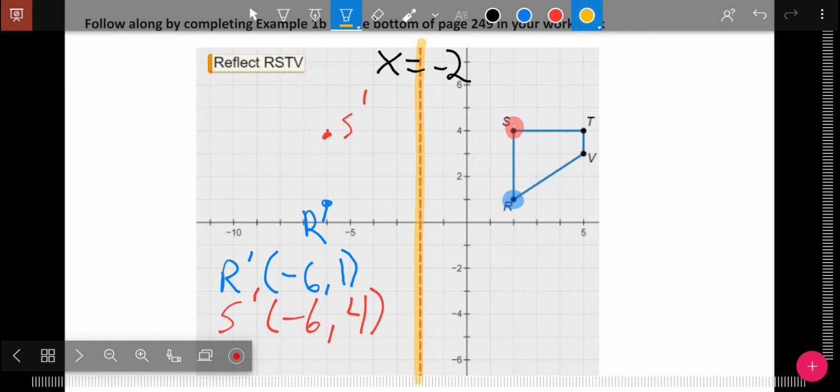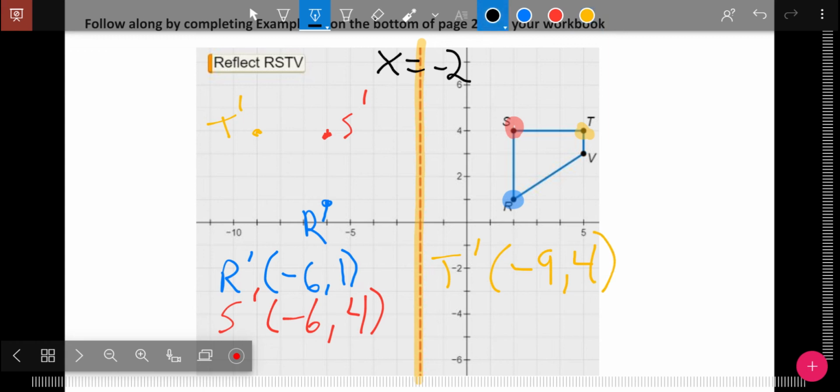Let's do the same thing for T. Because I've already done R and S, I'm just going to count from S straight across here. 1, 2, 3, and so 1, 2, 3. Out here is -9, still 4 high for my T image. So T image is -9, 4.